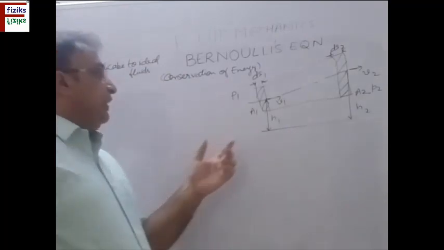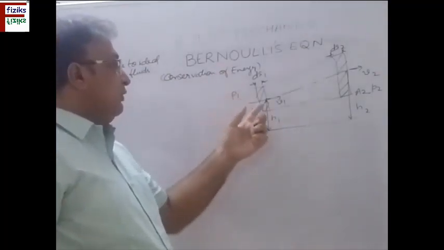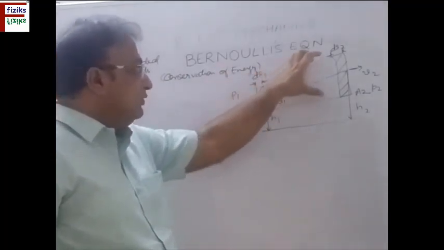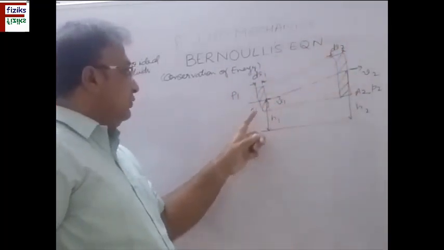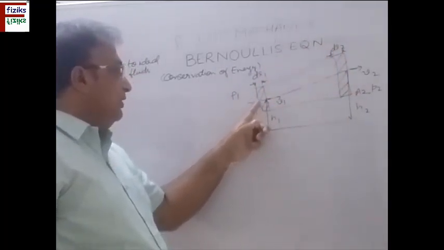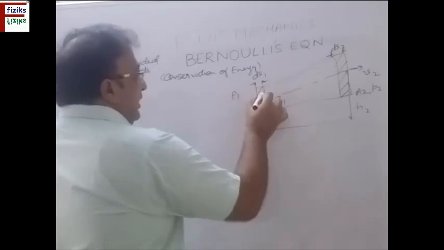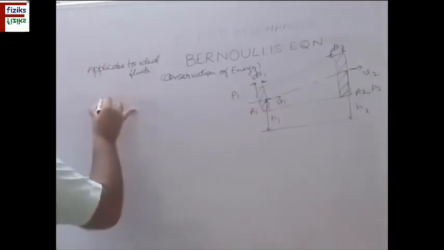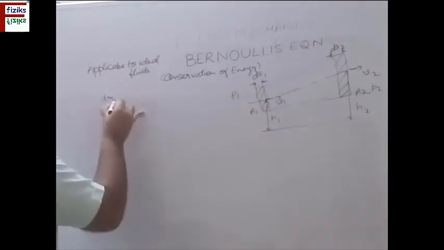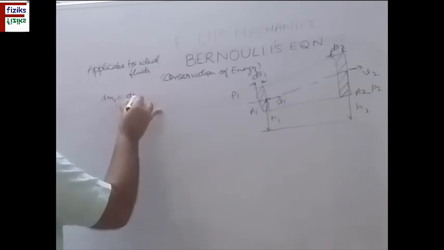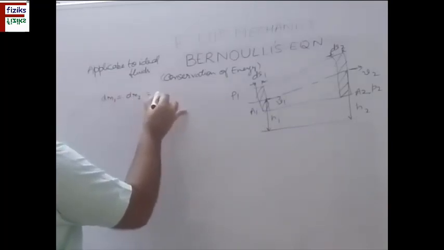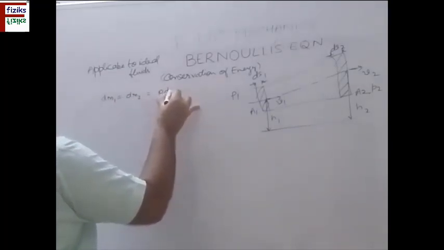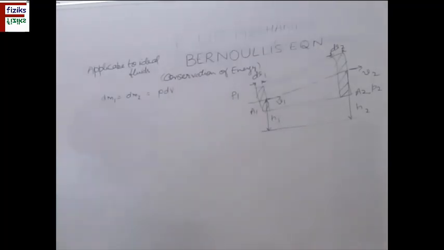Now again, let us take a small fluid element. This shows the path of the fluid flow. So we have a small fluid element at inlet. The mass at inlet, m1, is equal to the mass of the fluid at exit, which is equal to density into volume of the flow at inlet and exit.